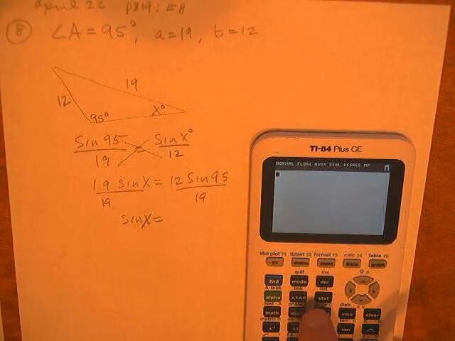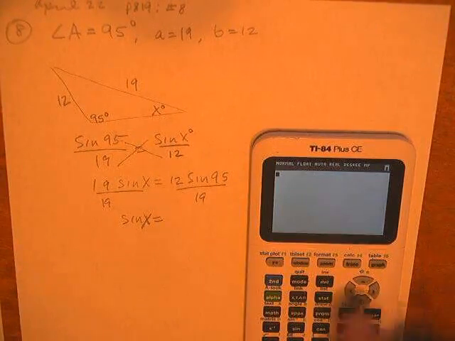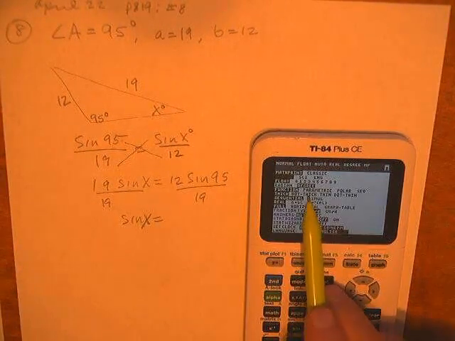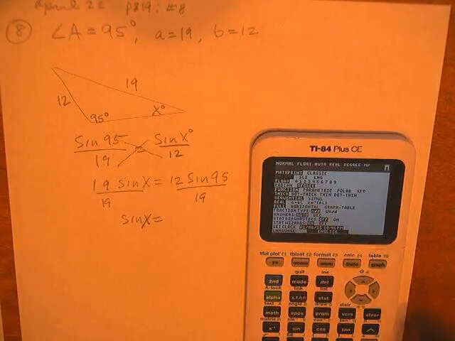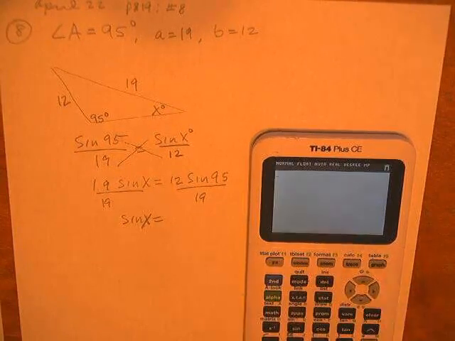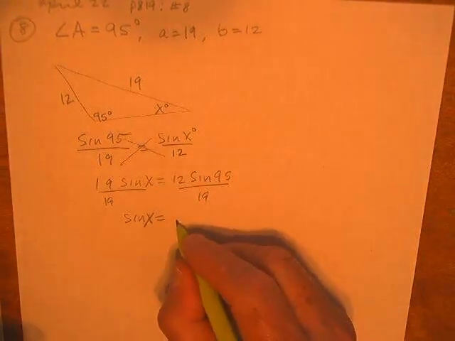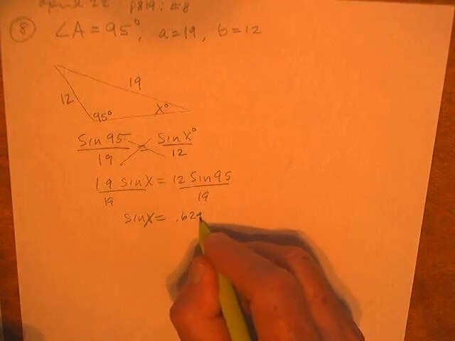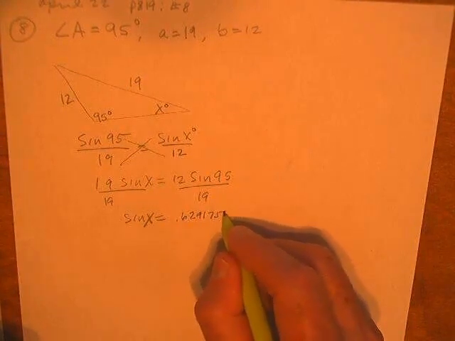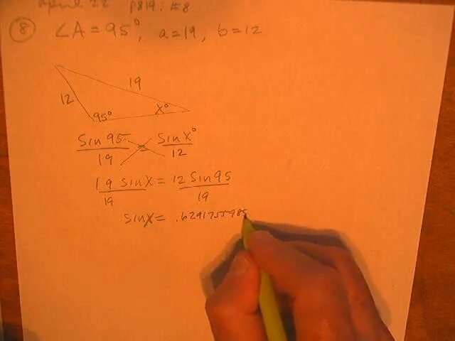You'll need to hit mode and make sure your calculator's on degree. Mine was, so we're good on that. So how about 12 sine 95 divided by 19? And we just got that decimal: 0.6291755988.